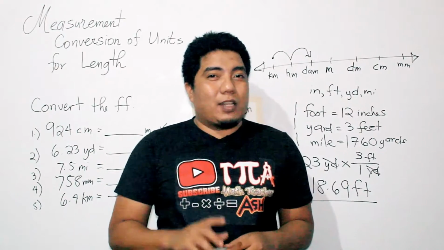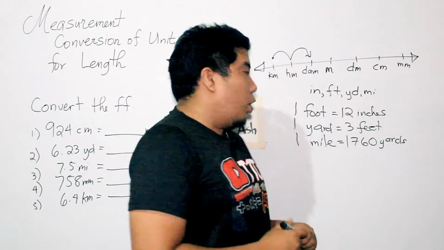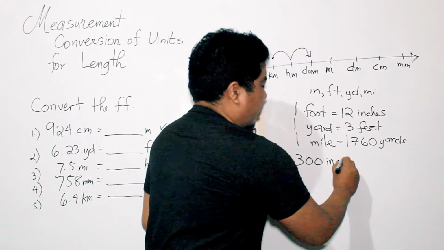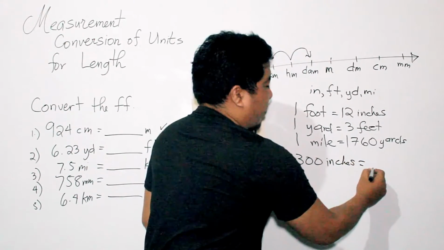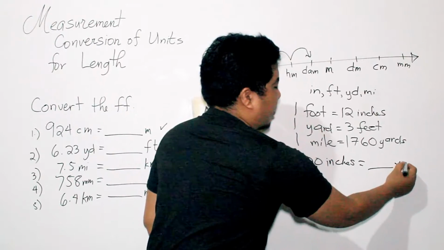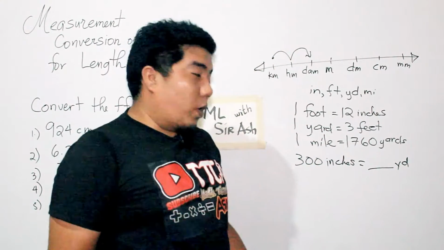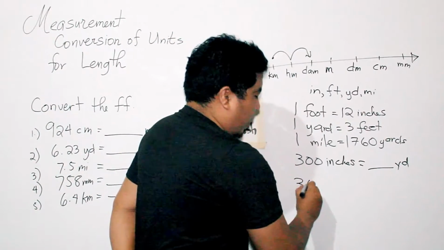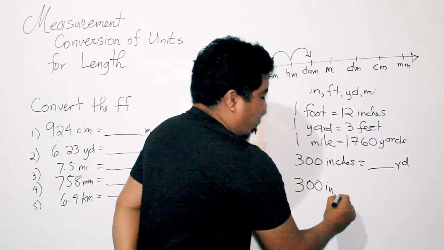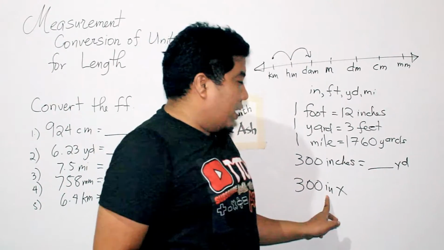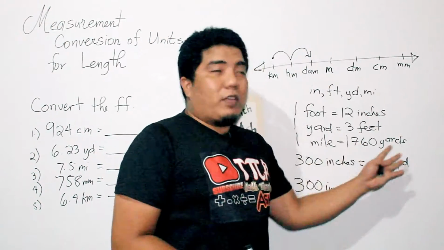Now, let's consider another example. Let's say we have 300 inches. What would that be in yards? How do we do this one? You just write your 300 inches, multiply by the conversion. Is there a conversion from inches to yard in our given?